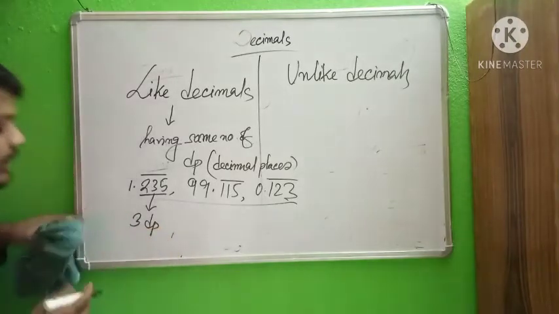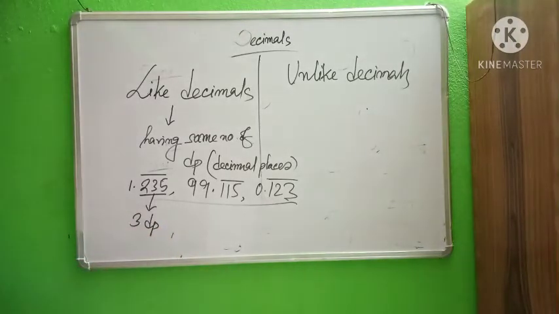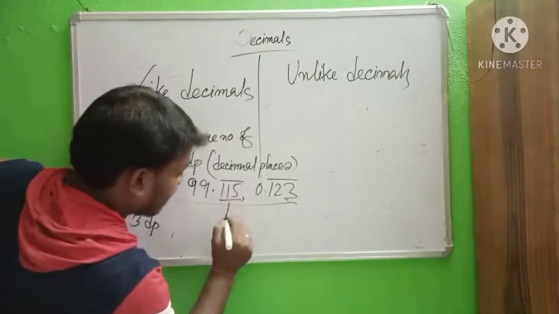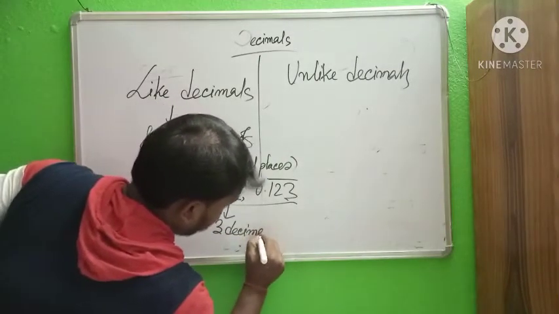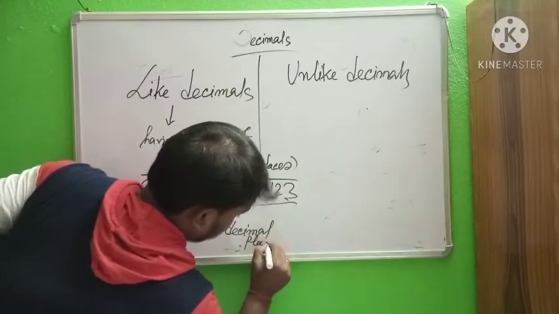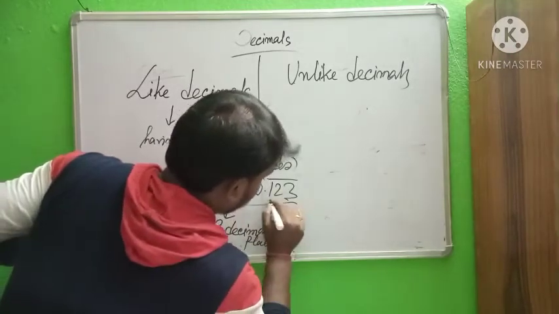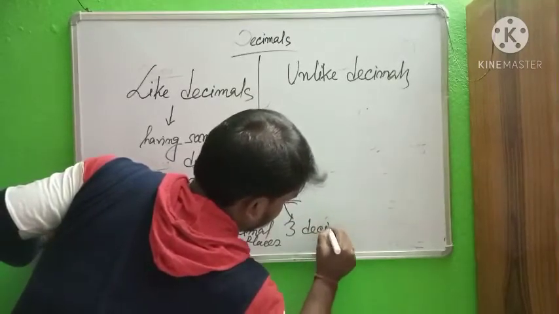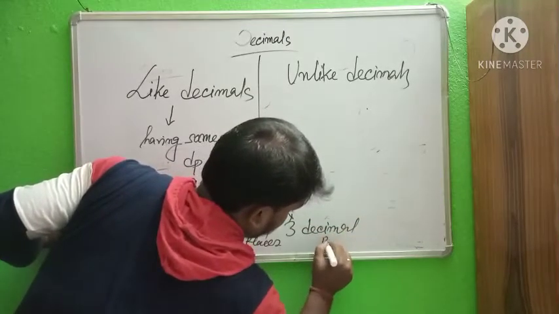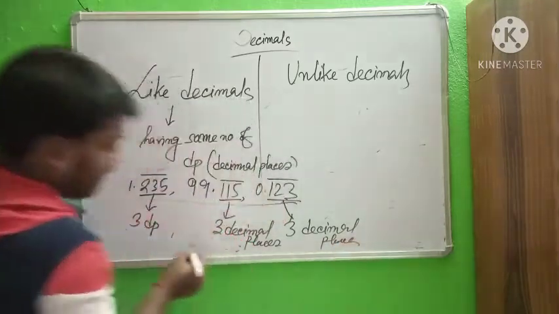Okay, here also 3 decimal places. Here also 3 decimal places. In short, I write DP.